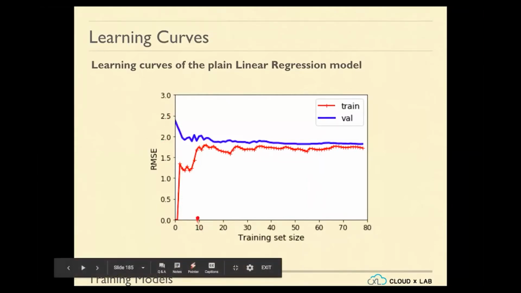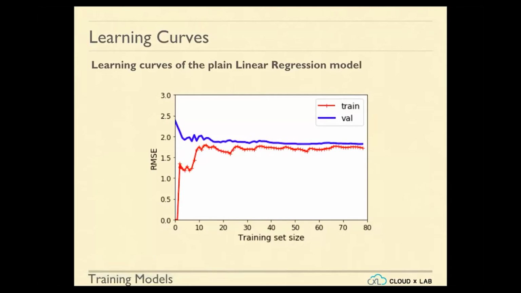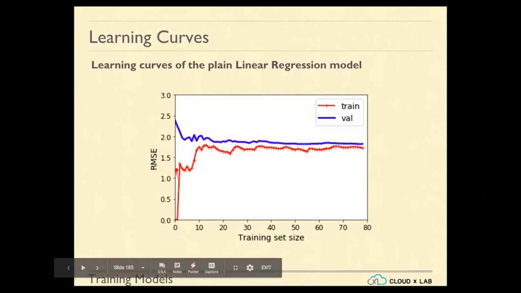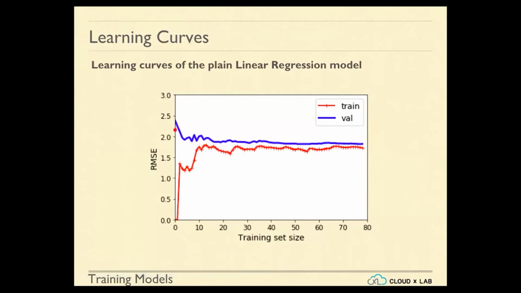Let's say we took the first few records, like 10 records. On 10 records, this is how it looks. On 1 record, the performance on the training set is this, and the performance on the validation set is this. You can see that when we are training on very little data, the model has a huge performance difference, and the root mean square error is really high.